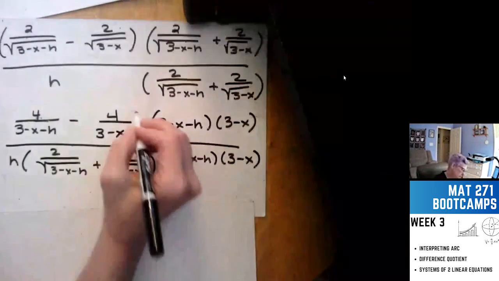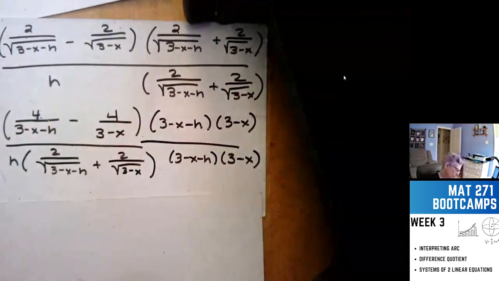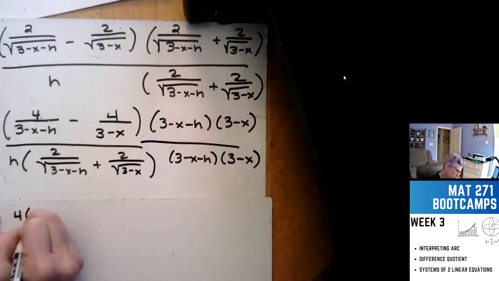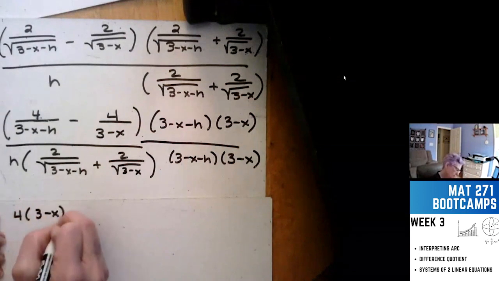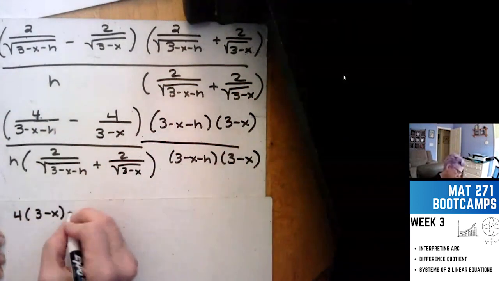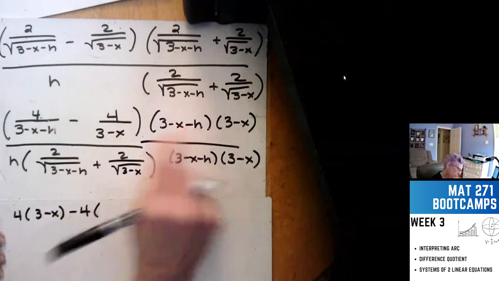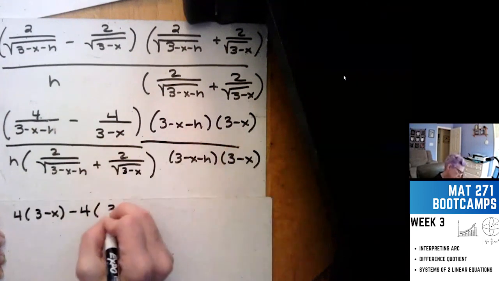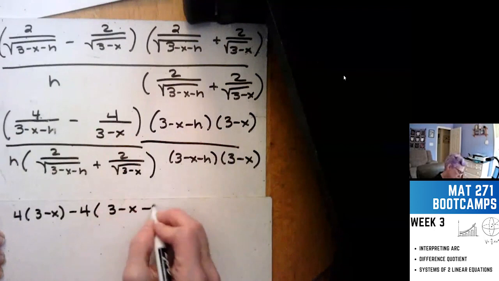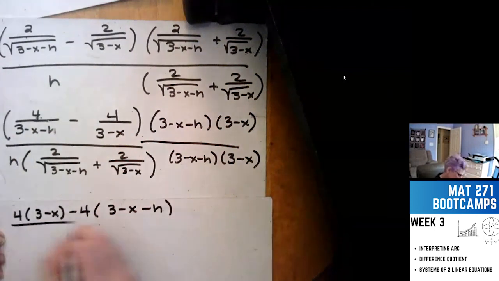Okay. Things are working out. I have 4 over 3 minus x minus 4. The 3 minus x cancels. 3 minus x minus h.